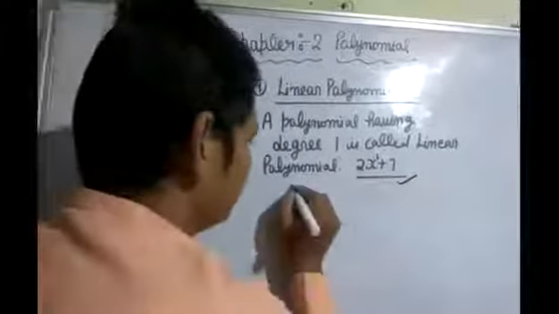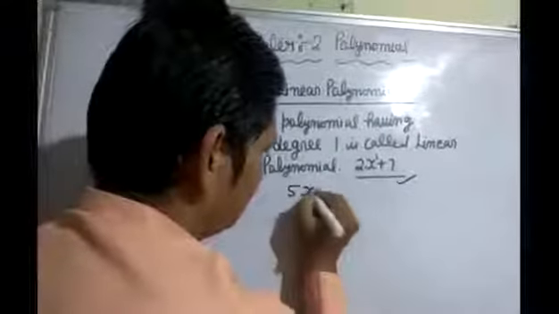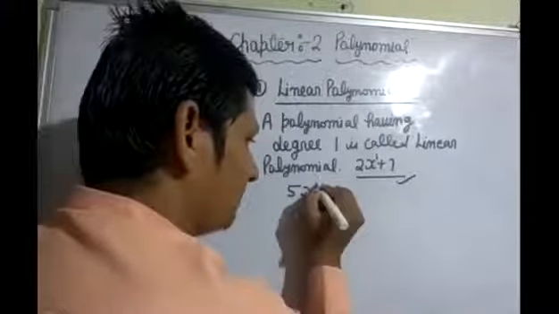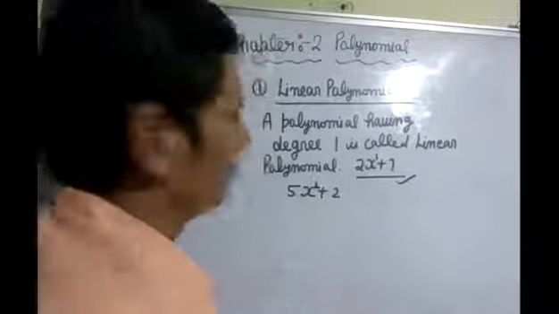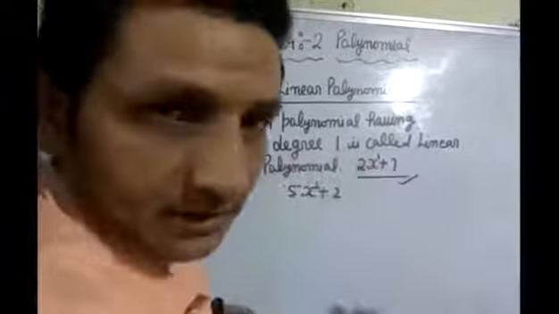Other example is 5x + 2. Here power of x is 1, so it is also linear polynomial.